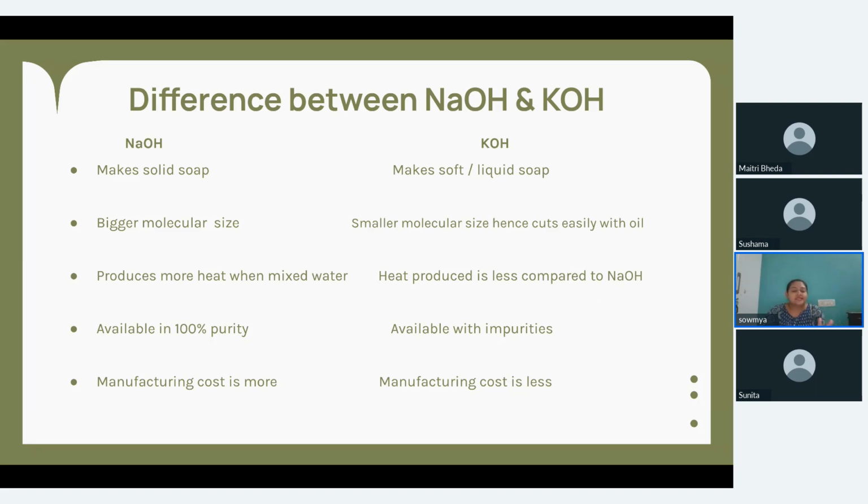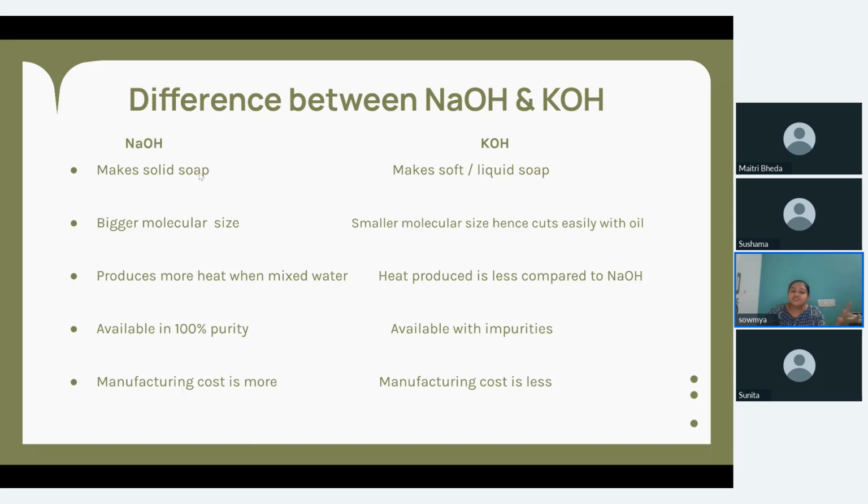So don't get scared when you are mixing potassium hydroxide in water. That is how it behaves when exposed to water. As I already told you, your potassium hydroxide is not 100% pure, so it will have some impurities. That is the reason why it makes these different sounds.